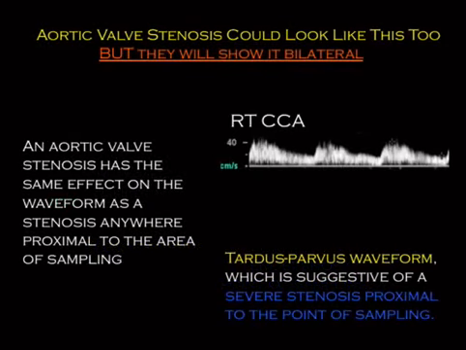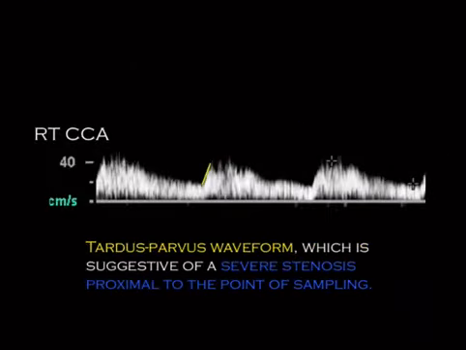The difference is that if they were going to show you a valvular stenosis, I think they would show you both the right and the left common. Exactly. And also, here's a thing I didn't mention. This is the common, not the internal carotid. So we're measuring here.